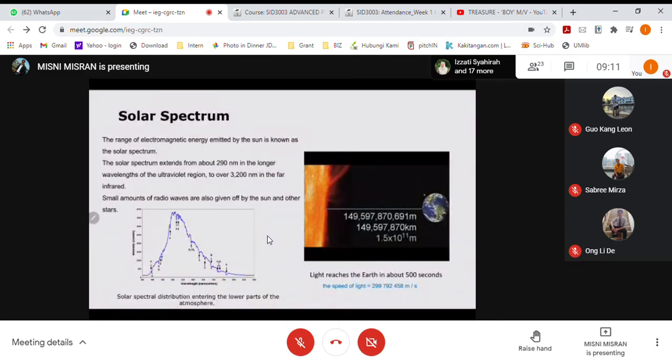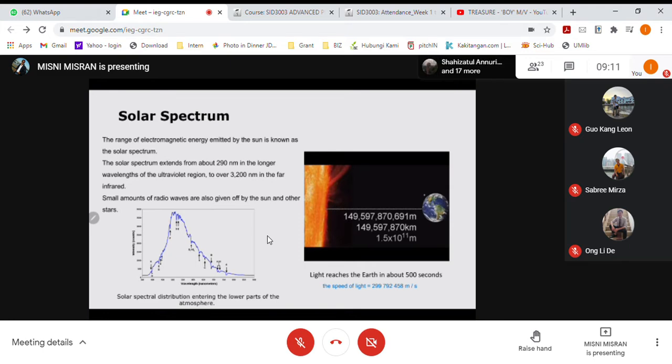Now, basically, we get most of our natural radiation from our sun. This is what we get even today. If you look at outside, very bright. This is very broad radiation from the sun, but unfortunately, not all the radiation actually reach to the surface of the Earth, and some of it actually being screened by the ozone layer.